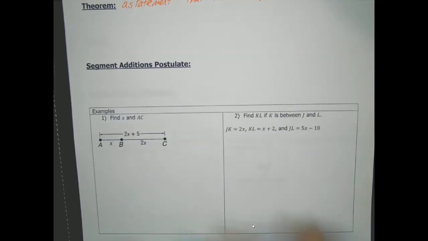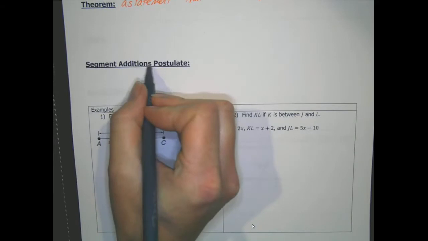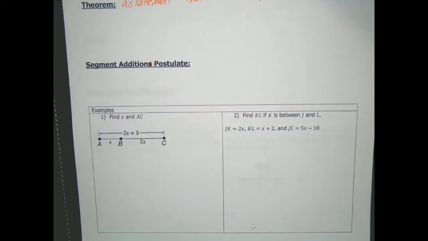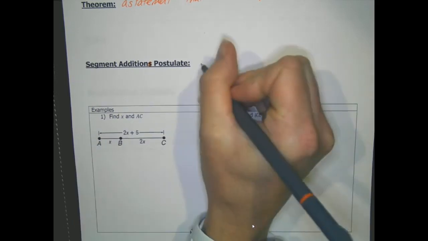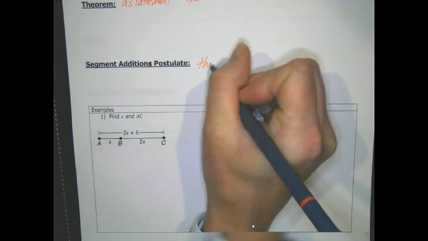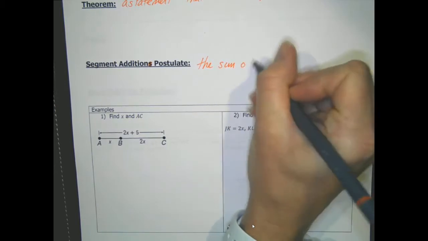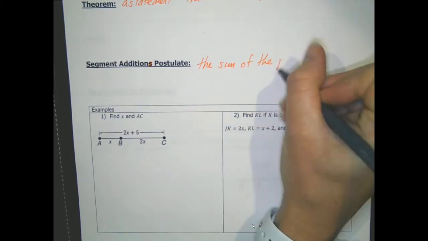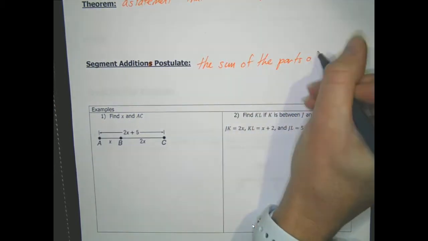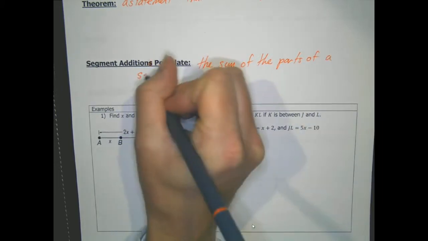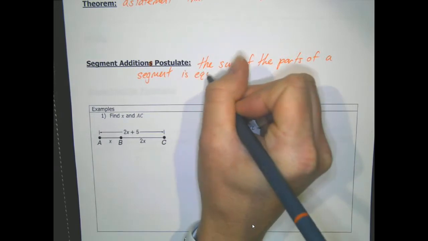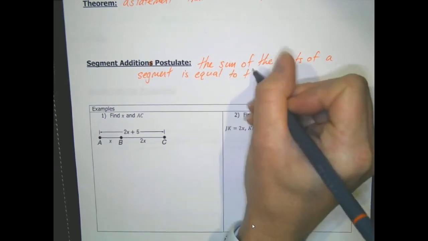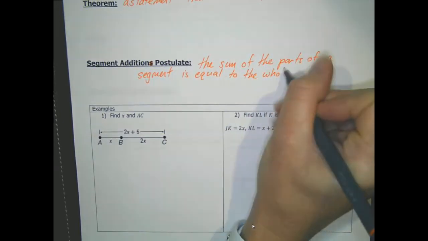Now I left you guys way too much space for this. So segment addition postulate. So I'll fix that in the notes. Segment addition postulate just says the sum of the parts of a segment is equal to the whole.